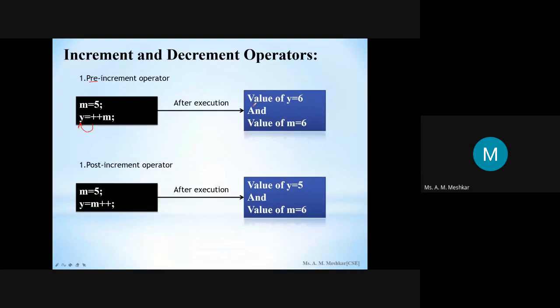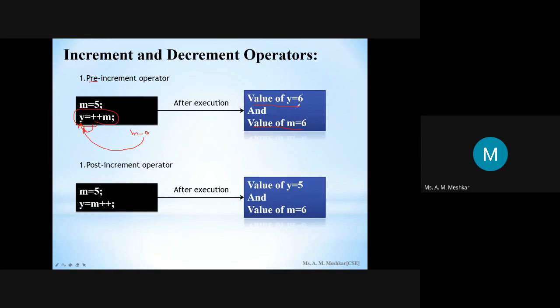So the value of y becomes 6 and the value of m also becomes 6, because m was initially 5 but after execution of this statement m becomes 6 and hence y also becomes 6.